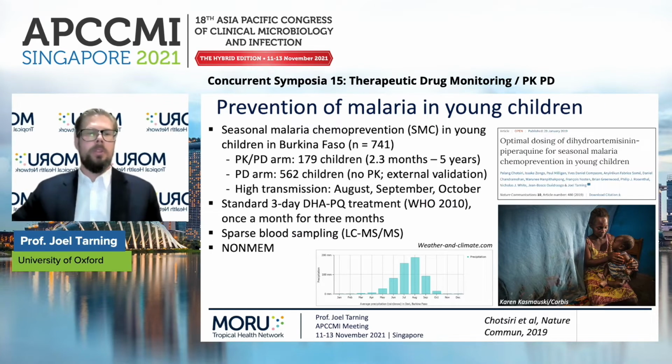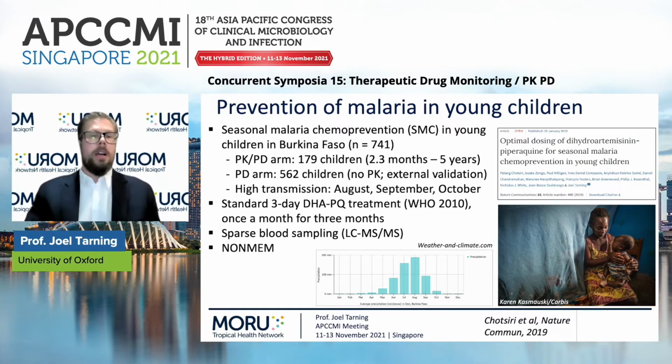The next project I want to talk about is the prevention of malaria in young children. So this study was also done in Burkina Faso, and it was seasonal malaria chemoprevention in young children. The total study size was 741 children, where we had a PK/PD arm of almost 180 children, and a larger PD arm, a pharmacodynamic arm, with 562 children that was used for external validation of our PK/PD model.